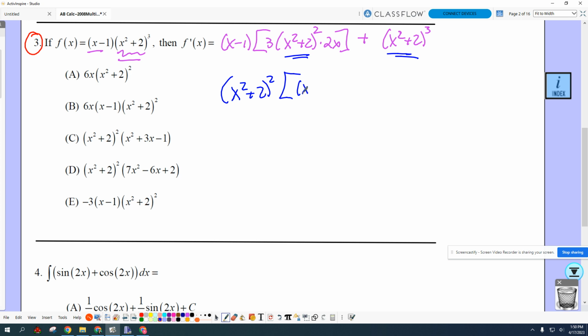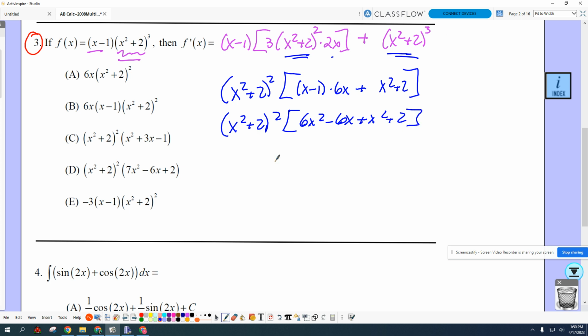And then it's x minus 1 times the 6x here, plus x squared plus 2, and then once you deal with that and combine like terms, I think you get D. Am I right about that?